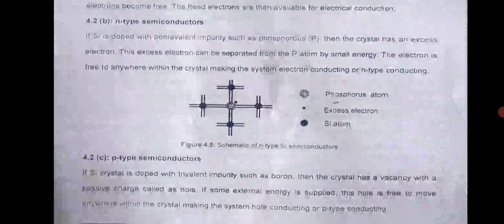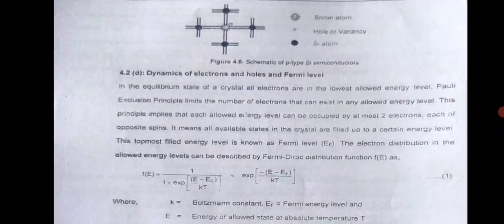Now the next type of semiconductor is the p type semiconductor. If the silicon crystal is doped with a trivalent impurity such as boron, the crystal has a vacancy with a positive charge called a hole, and if some external energy is supplied, this hole is free to move anywhere within the crystal, making the system hole conducting, or p type conducting.